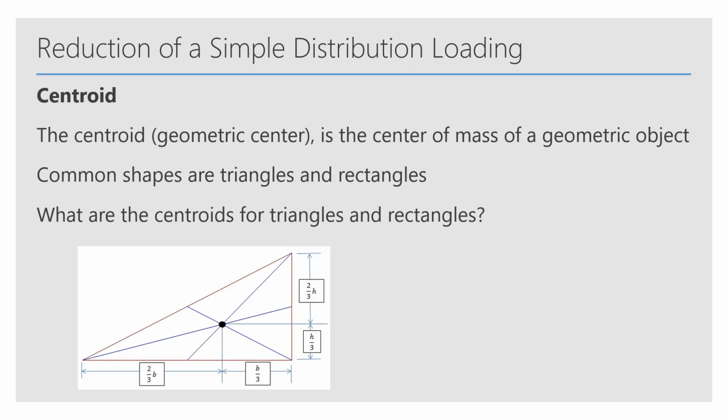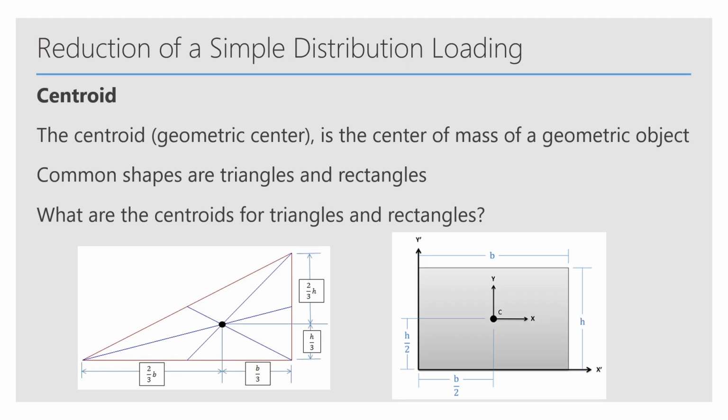For a right triangle, we see that if you're going from the right angle side, it is a distance of b over 3. If you're going from the other way, it's 2 over 3, and that would be the distance away from whatever point you're looking at.